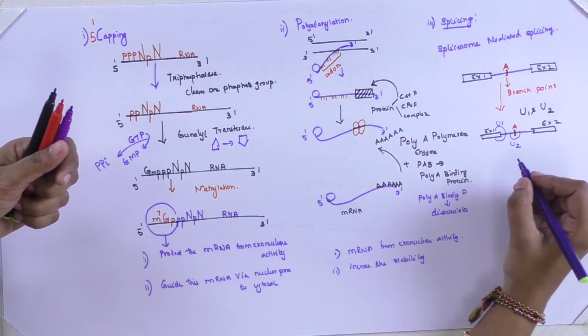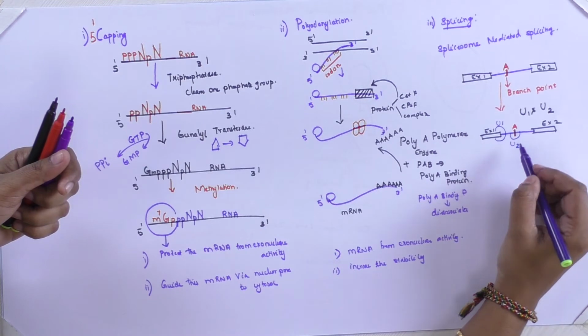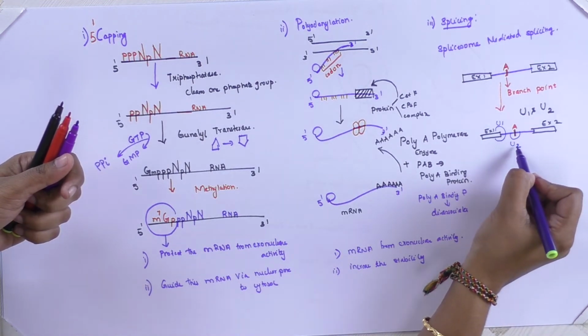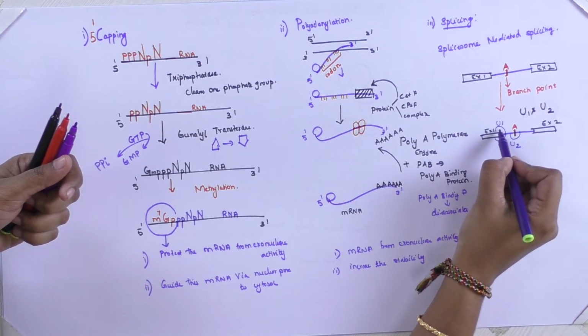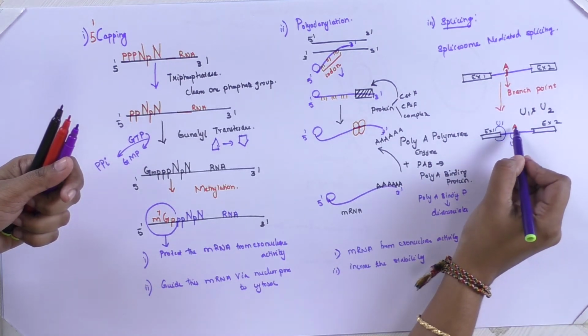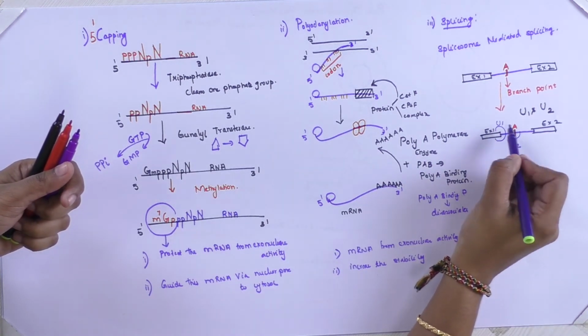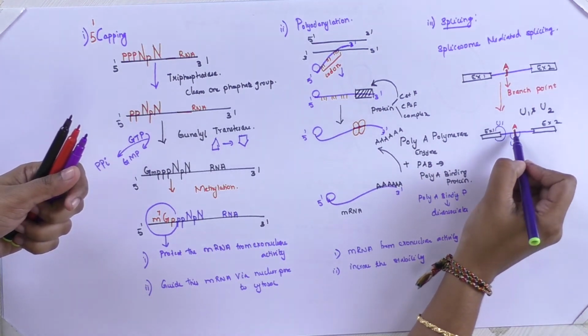U1 will act on the phosphate group, and U2 will also act on the adenine end. They both will act on the phosphate group, so it is going to cleave the process.